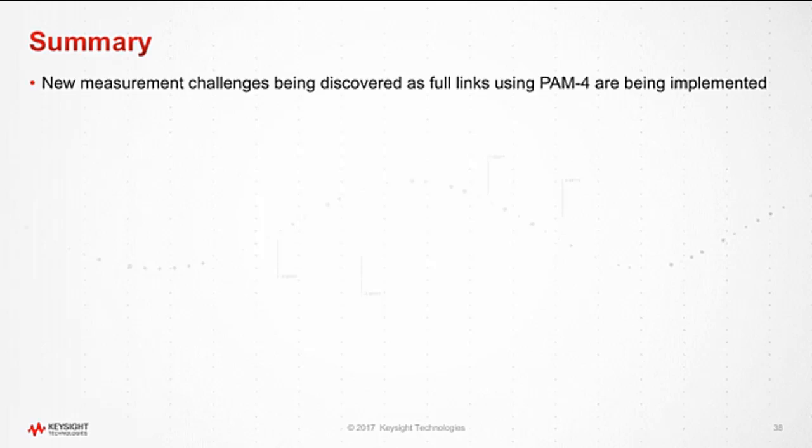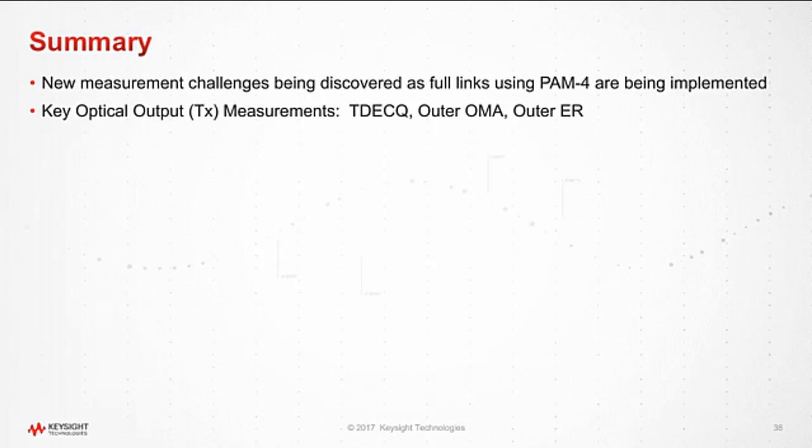Sure. Thanks, Steve. So just to summarize, as you've seen with PAM4, there are a number of new measurement challenges that have been introduced, and we are continuing to discover new challenges as we turn on links. So be prepared for additional changes down the road. Key optical transmitter measurements include TDECQ, outer OMA, and outer ER.